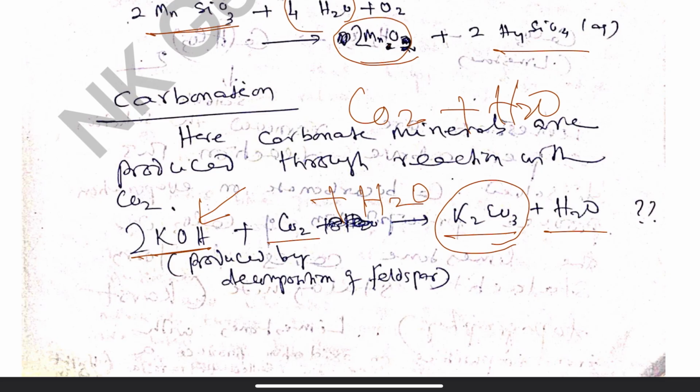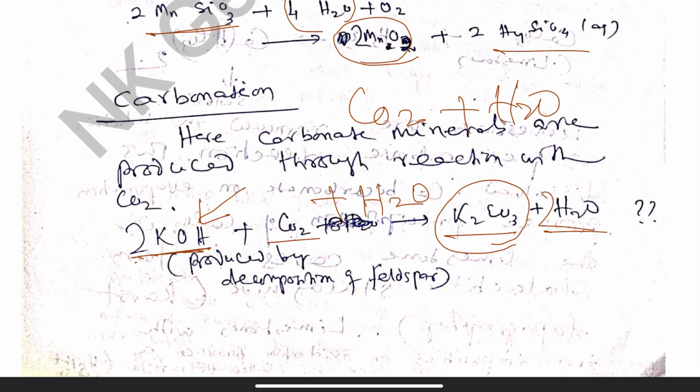The potassium carbonates are being produced because of its reaction with the carbon dioxide. So 2KOH plus CO2 gives K2CO3 plus H2O.